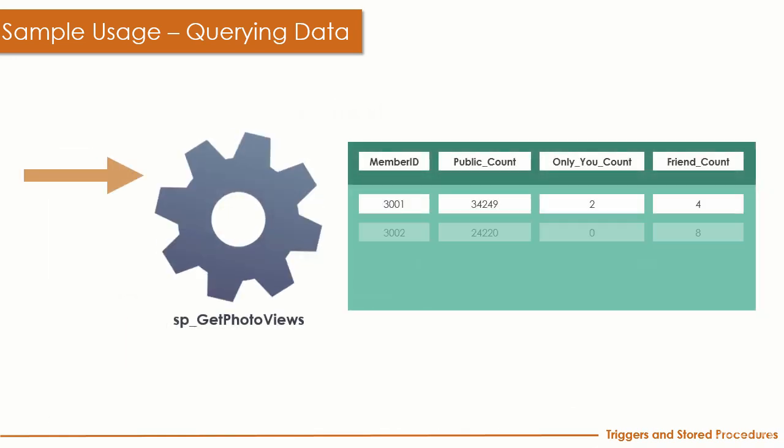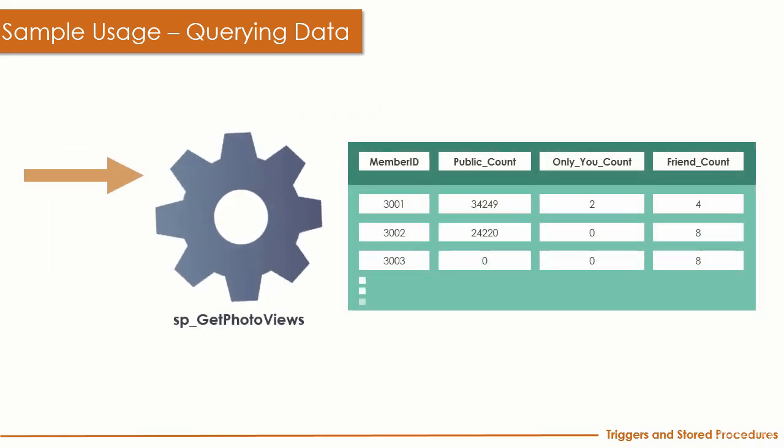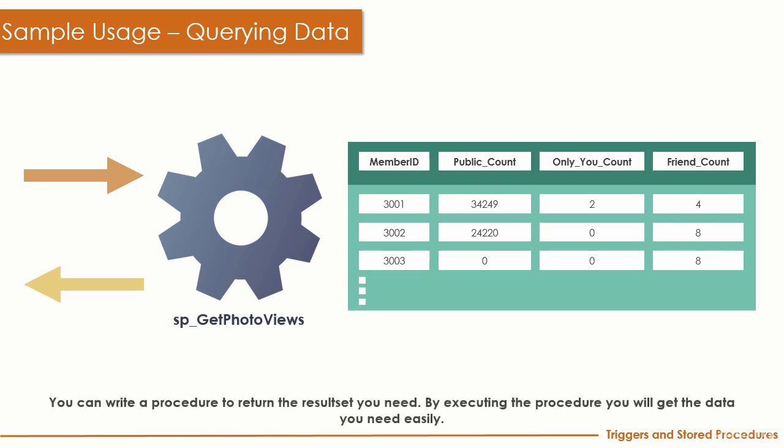Then you can write a stored procedure, say getPhotoViews, and it will return the data set which contains the member ID, which you want to collect, and the public count, just the count. It doesn't tell a single photo. Your own count is for the private photos, and the friend count shows how many views the photos for your friends have.